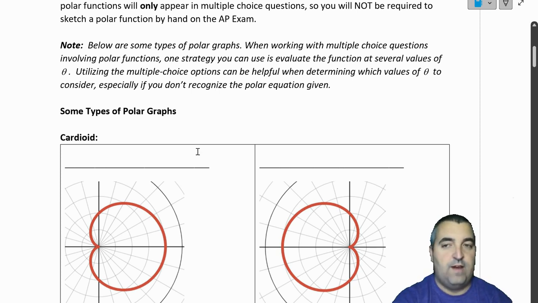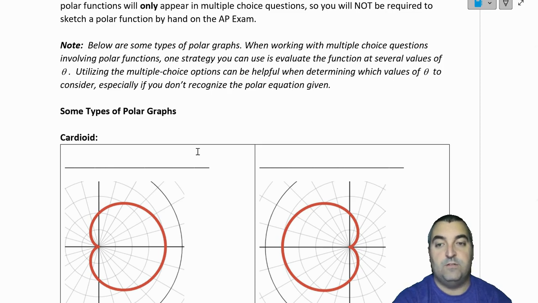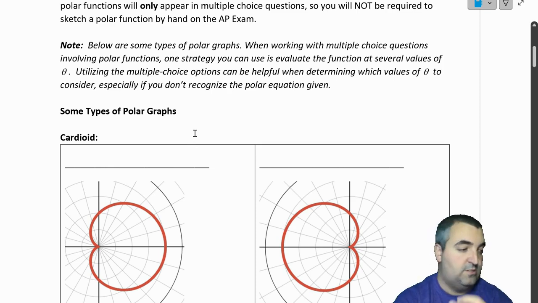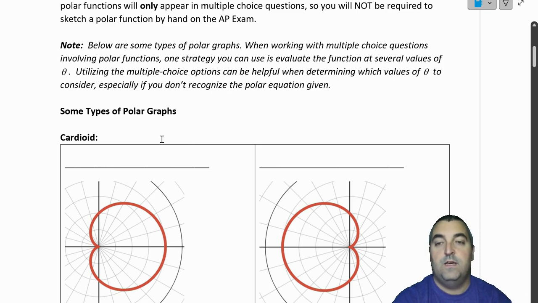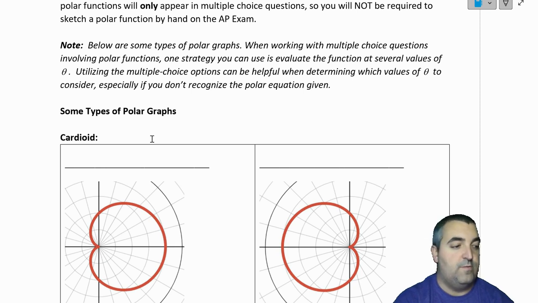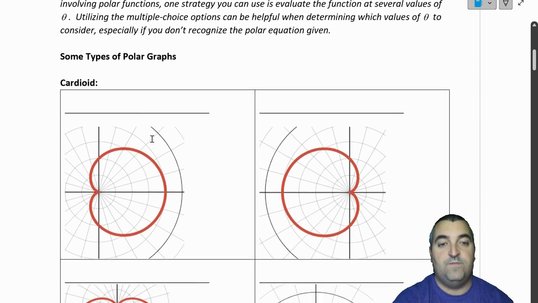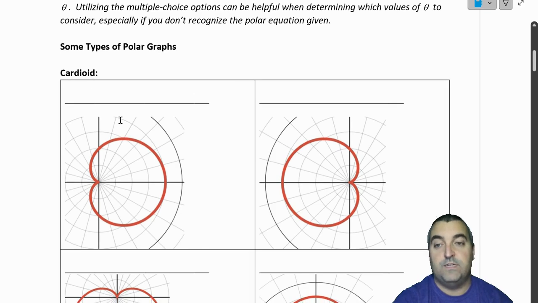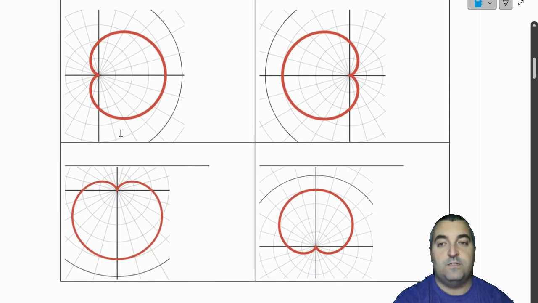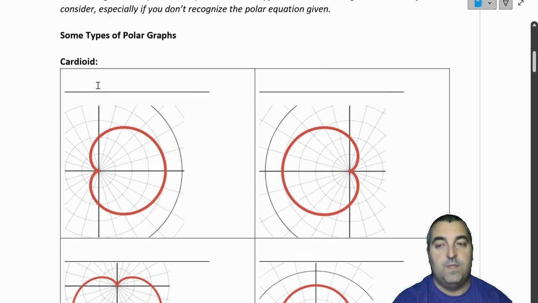They're really interesting graphs too, very different shapes than you get on a rectangular, very circular based. So we're going to go through a few examples and talk about the characteristics and things to look for here. So first one is what we call a cardioid, which if you look at it, kind of looks like a heart, hence the name.